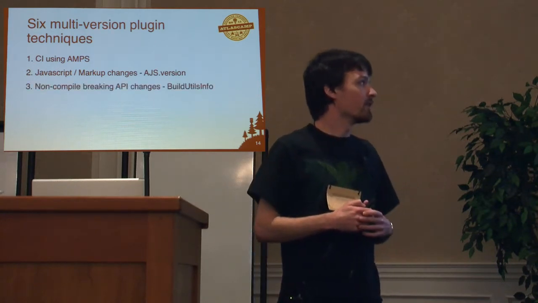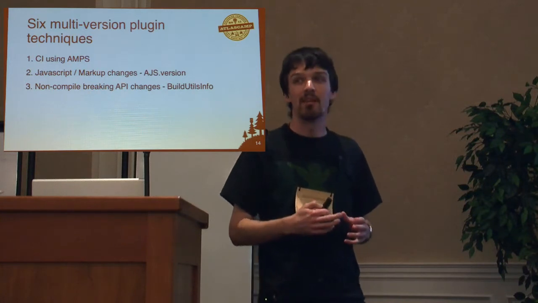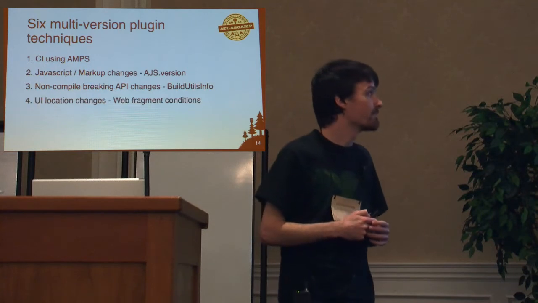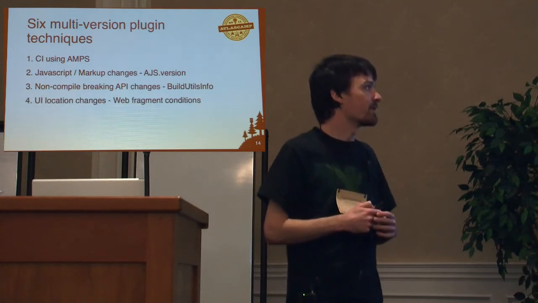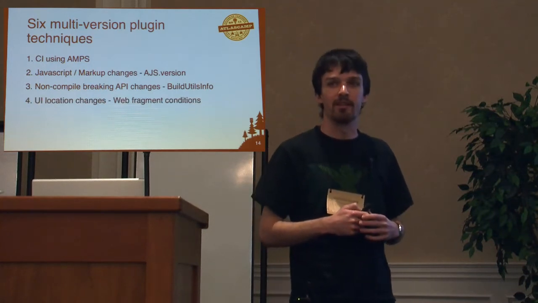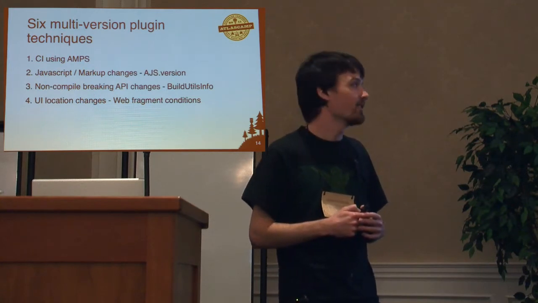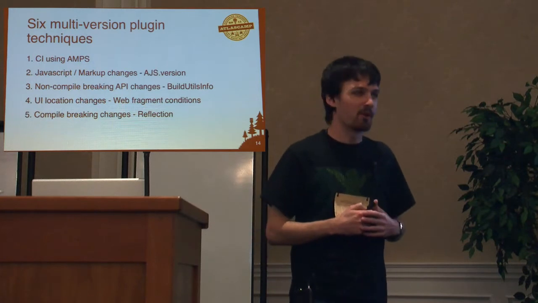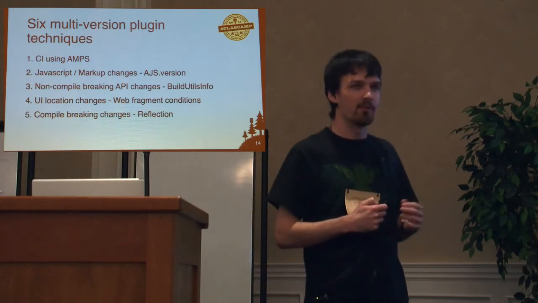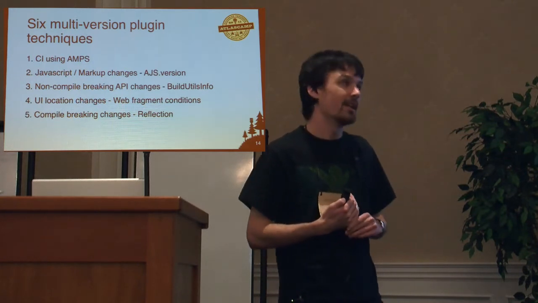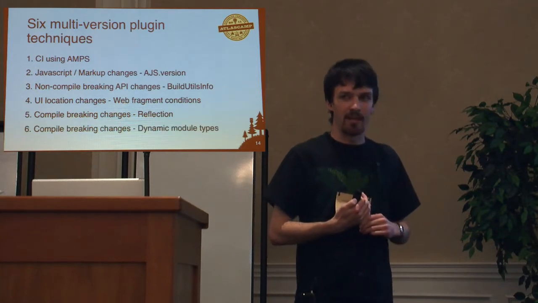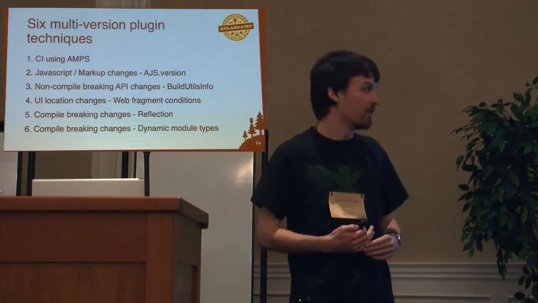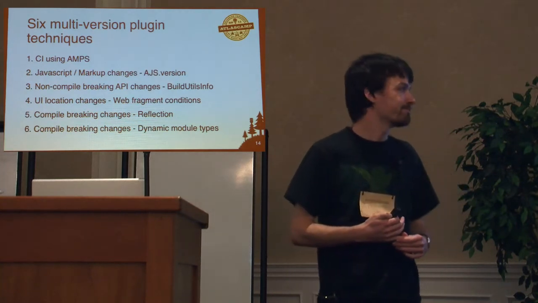Thirdly, non-compile time breaking API changes, handled using build utils info in JIRA. Fourth, UI location changes, dealt with using web-fragment conditions in addition to build utils info. Fifth, compile time breaking changes and how we can deal with some of those using reflection. And sixth, how you can deal with those compile time breaking changes in a more large-scale way with dynamic module types.